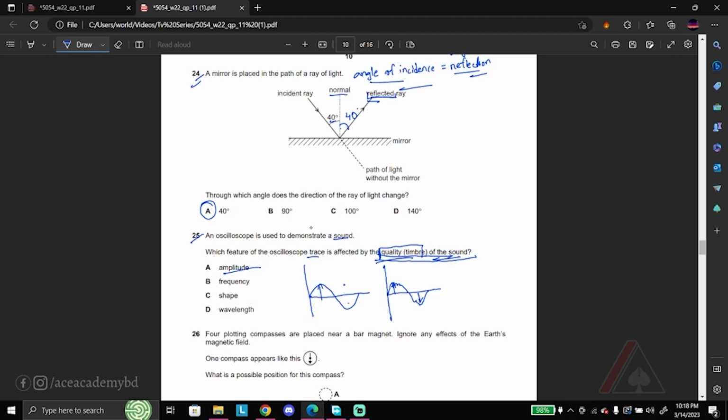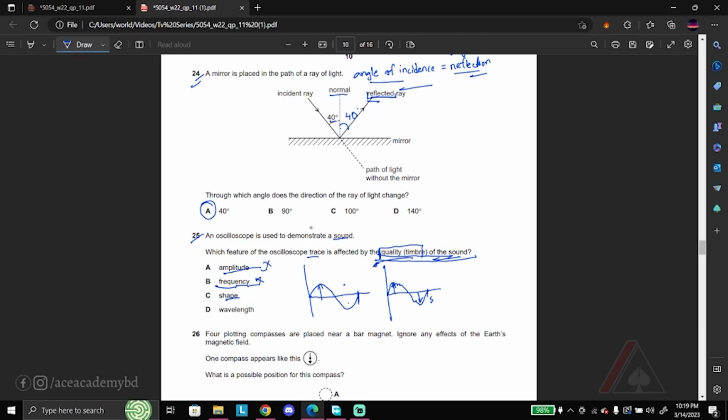So the amplitude remains unchanged. Frequency is the number of oscillations per second or per unit time. The number of oscillations, or the number of waves passing through a point, will remain the same. If you remember, the x-axis is the time base, so it remains the same. The frequency doesn't change as well.